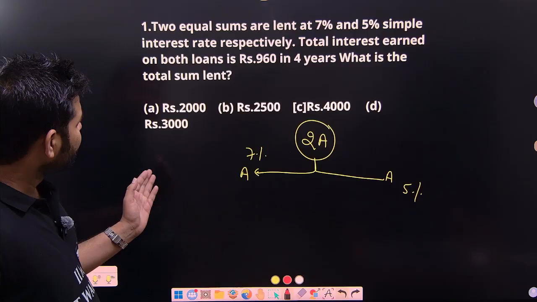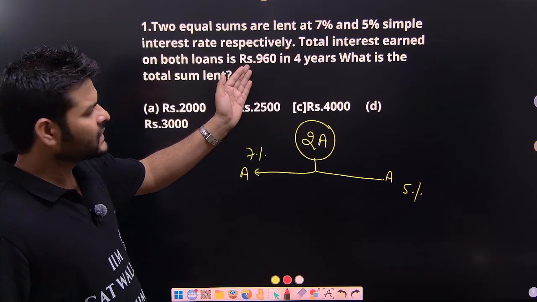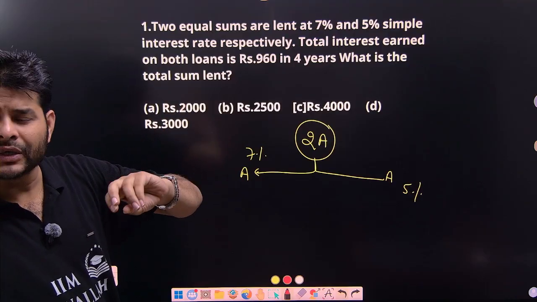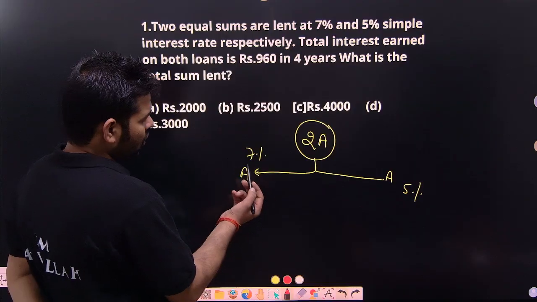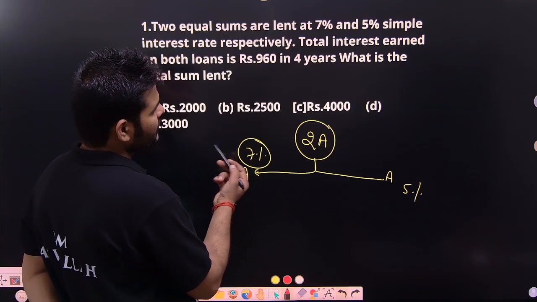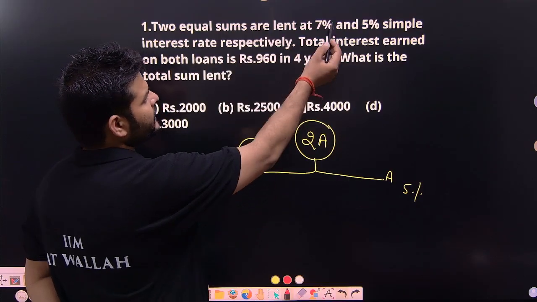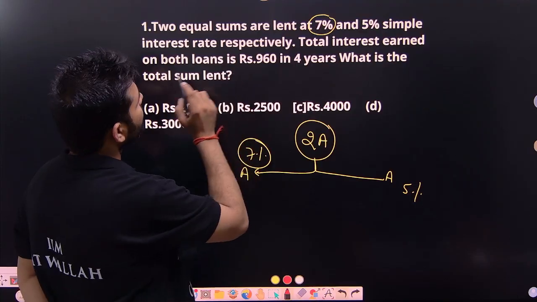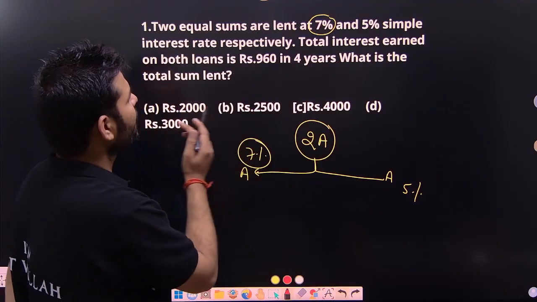Total interest earned on both loans is 960. So total interest means, on this first A, we earn interest at 7% for how many years? For 4 years.